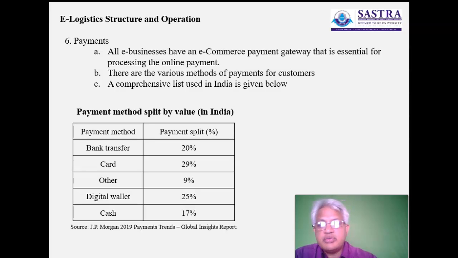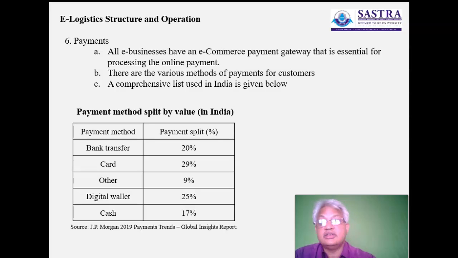So we have listed here the bank transfer, cards, other payment terms, digital wallet, and cash. If you see here, when we say card, I hope you can recall that card means both credit card and debit card.